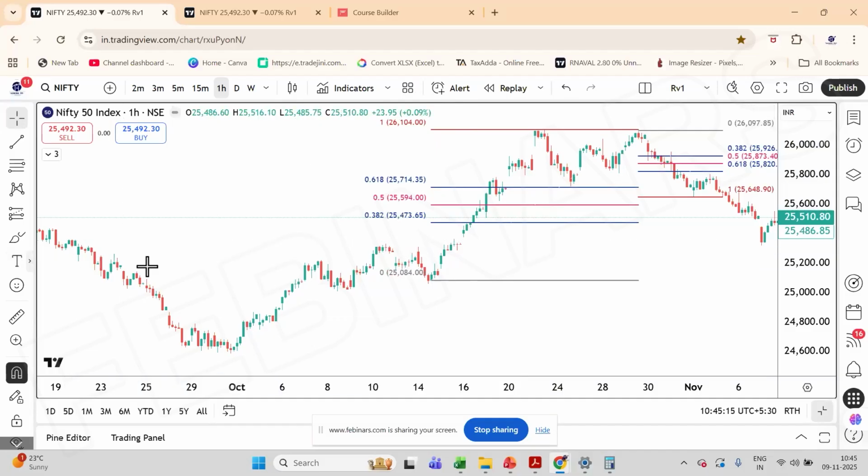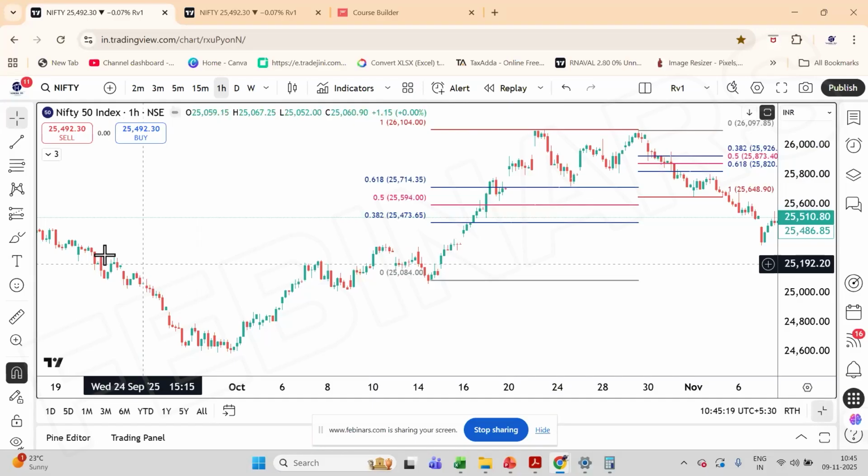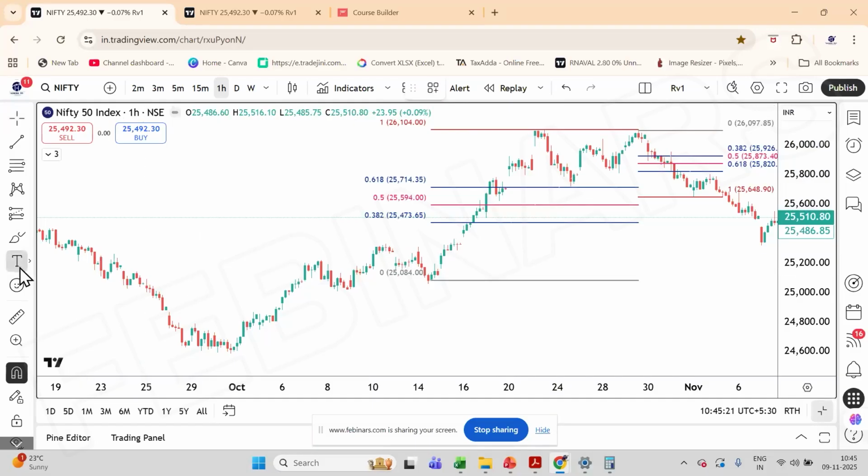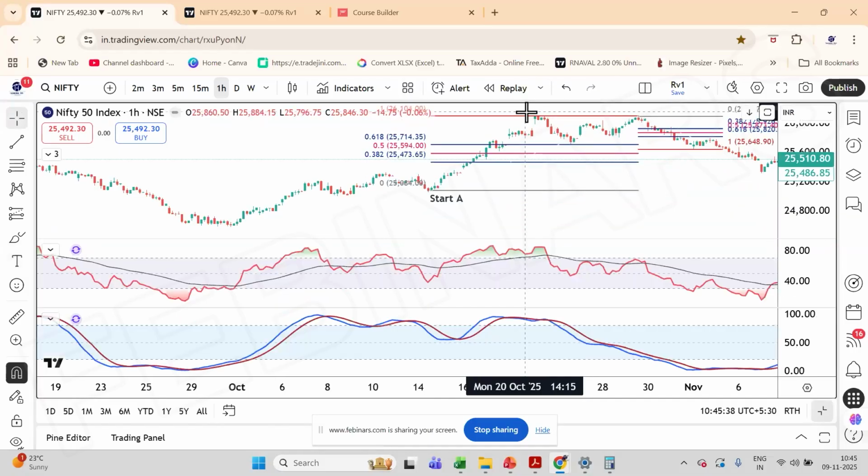Let me mark the Fibonacci grids for you. Okay, fine, my dear friends. Start is A, starting point. What is the end point?